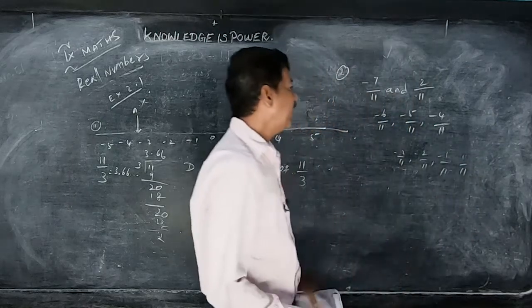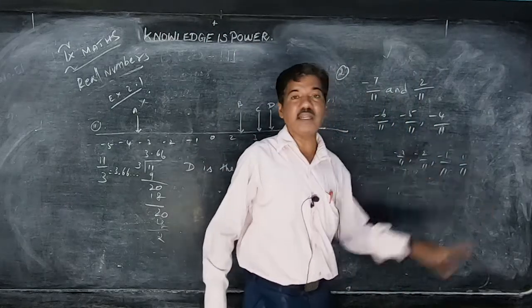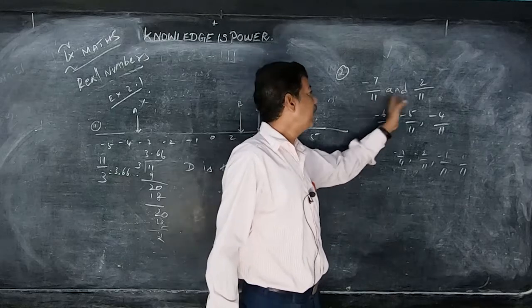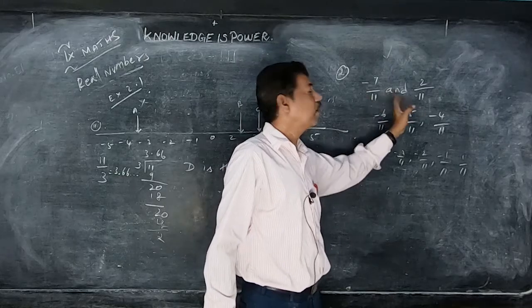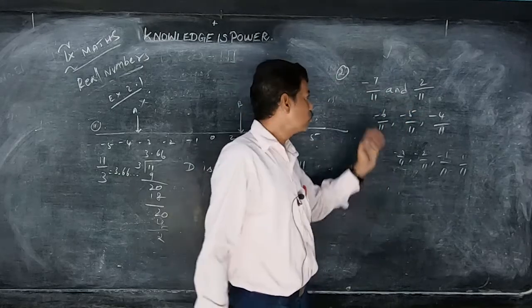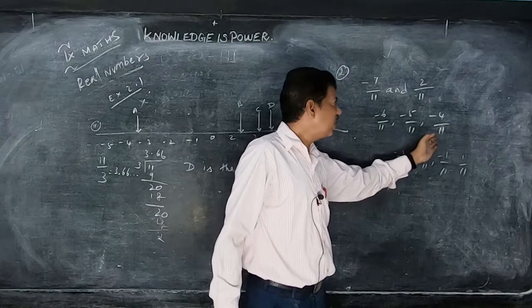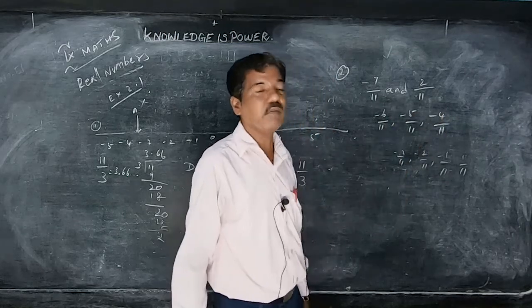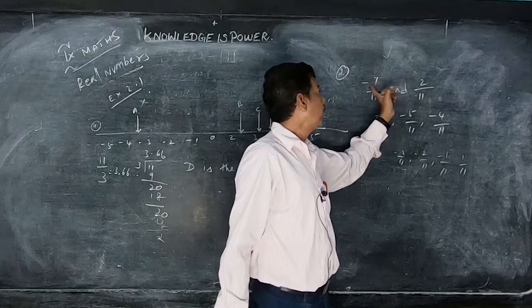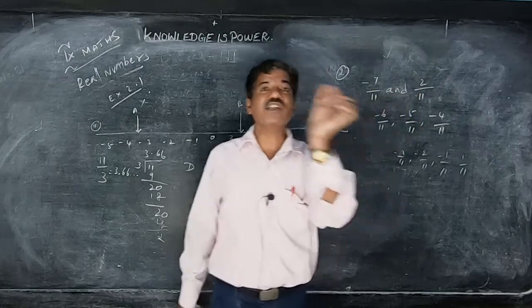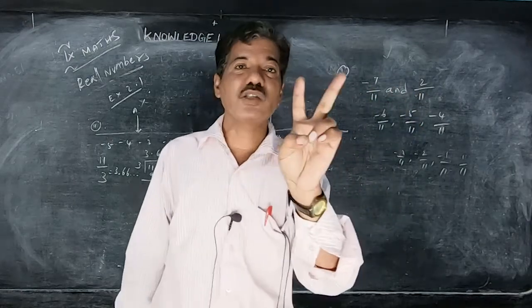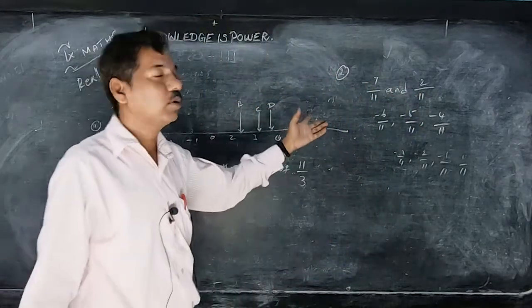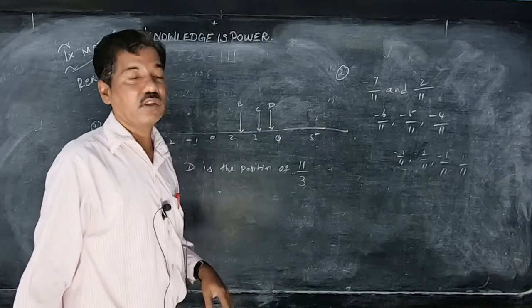You can write any 3 of these 7 numbers, because they ask for 3 numbers in between. So we have written 3. Otherwise you can write any other one as well. Any one of the two. Between -7 and 2 there are some numbers, and related to that we write the answer.